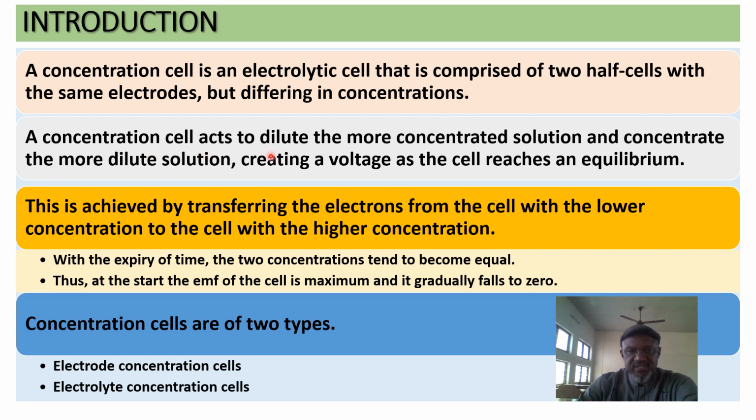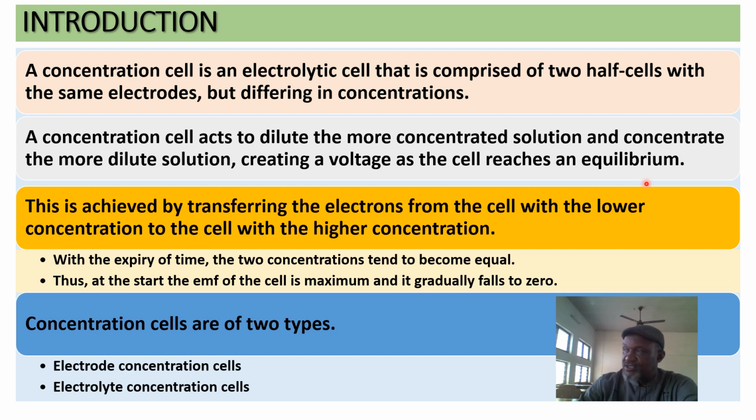A concentration cell acts to dilute the more concentrated solution and concentrate the more dilute solution, creating a voltage as the cell reaches an equilibrium. So there will be a flow, to equilibrate the high concentration and the low concentration until the two concentrations become equal.